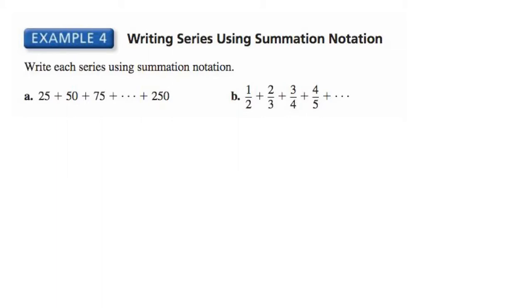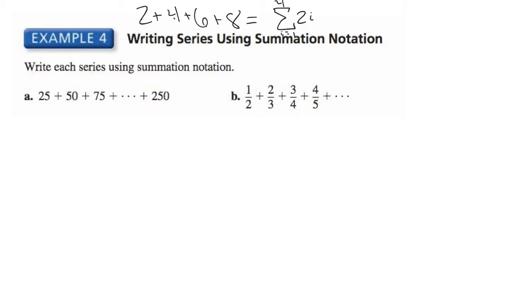Summation notation is written in the format of, say, 2 plus 4 plus 6 plus 8, and then you write it in the fact that you're looking at your first term, i equals 1, and we're going up to the fourth term because 8 is the fourth term, and that is 2 times our term number. So 2 times 1, 2 times 2, 2 times 3, and 2 times 4.